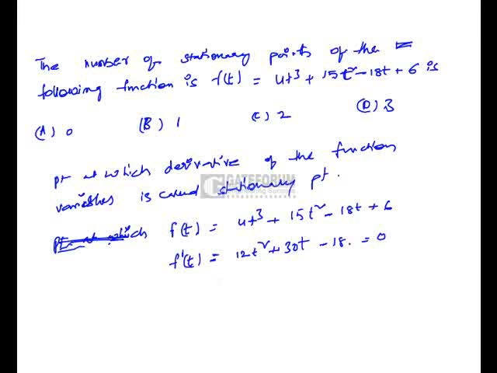Let us take 6 common in this equation. You will be getting 2t square plus 5t minus 3 is equal to 0.